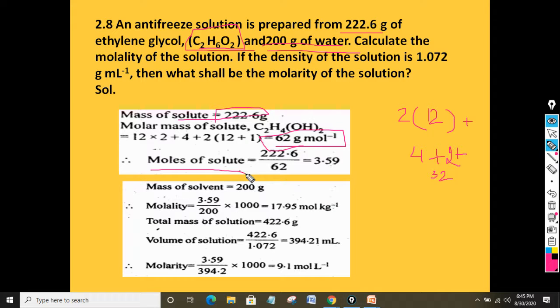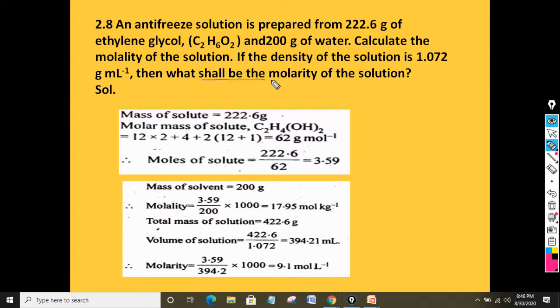So moles of solute is given mass upon molar mass, which gives 3.5 moles. So we have the mass of solvent. Molality we'll calculate: number of moles upon mass of solvent into 1000, which gives 17.95.